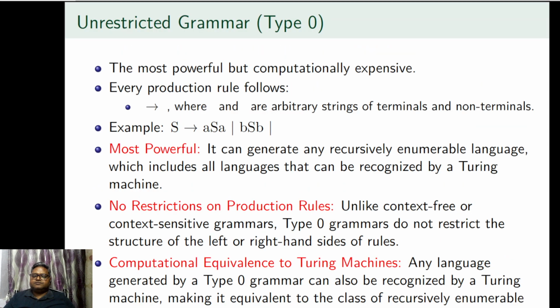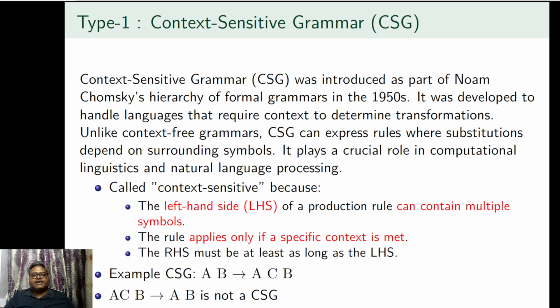The second one is type 1 grammar, which is also known as context sensitive grammar. In this grammar, the left hand side can contain multiple symbols, but the number of symbols in the left hand side should not be more than the number in the right hand side.